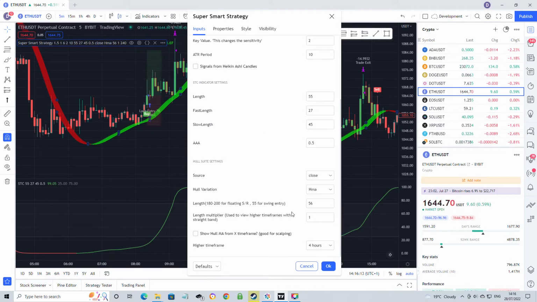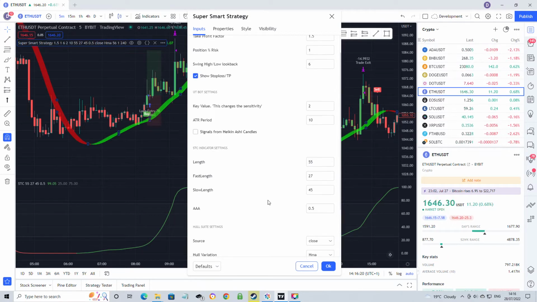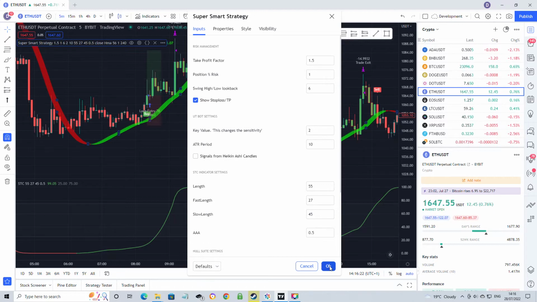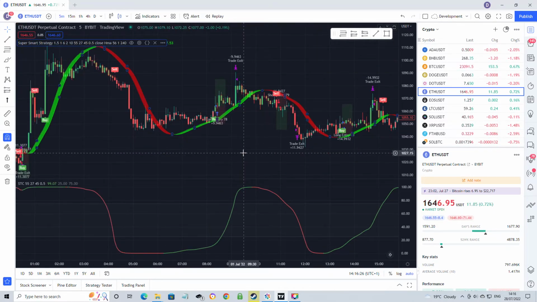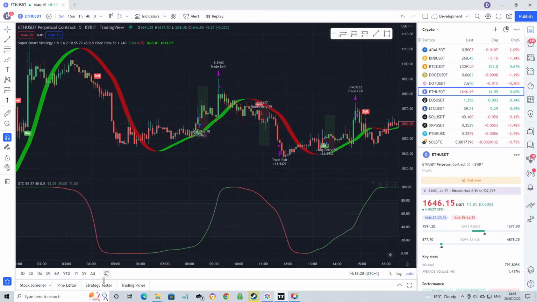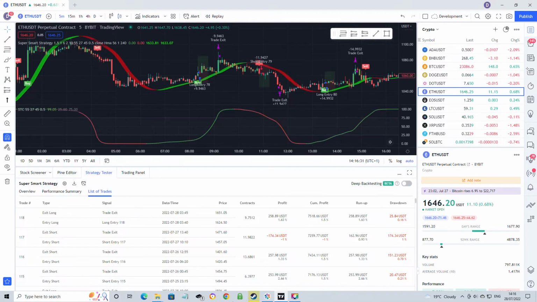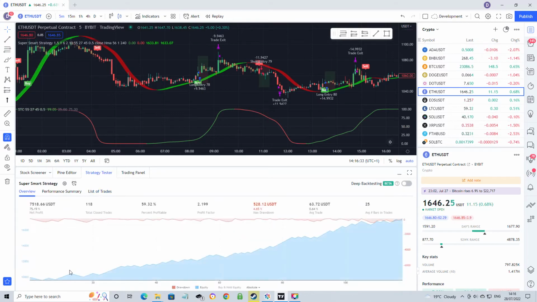And then the whole suite settings underneath here. I don't think I've changed these from the defaults, but those are the settings that we've got for Ethereum on the 5-minute time scale.